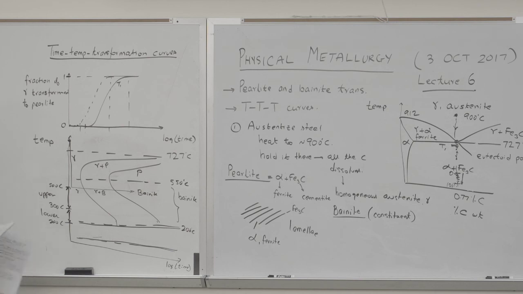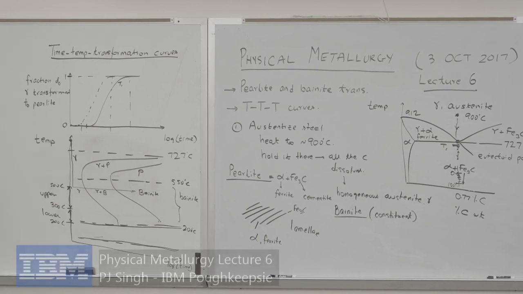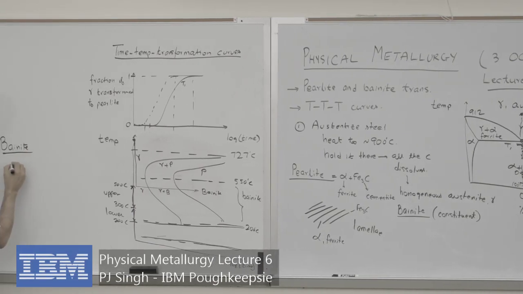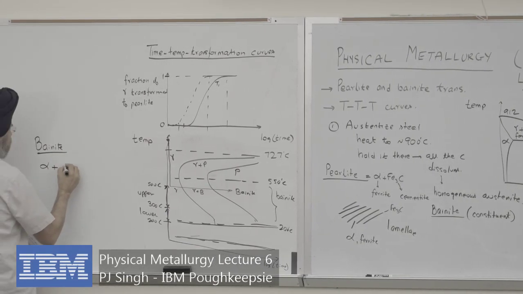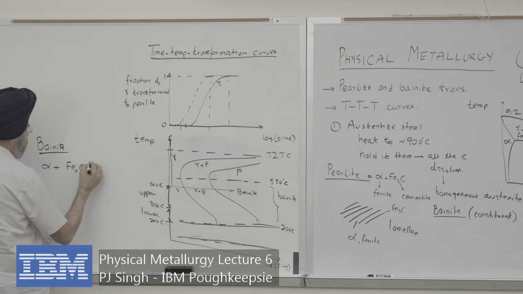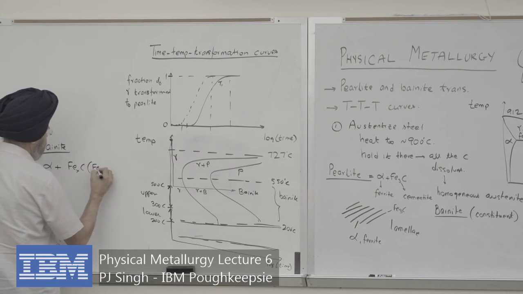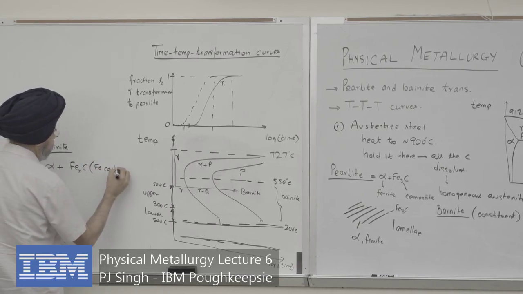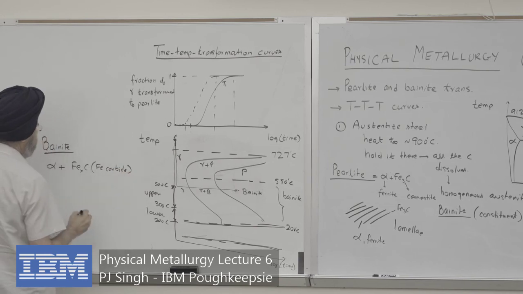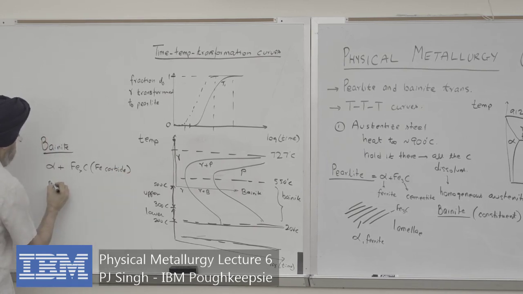So bainite, we already talked about, is a mixture of alpha, which is ferrite, plus FexC, we call it iron carbide. So it has a different structure, but it is not lamellar structure.